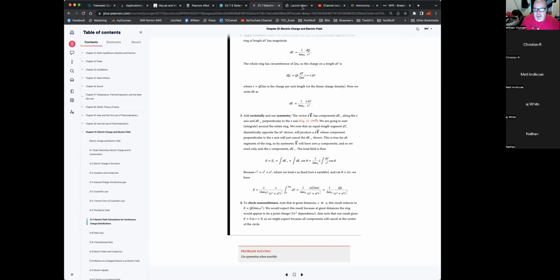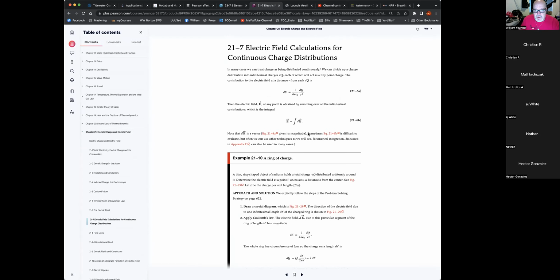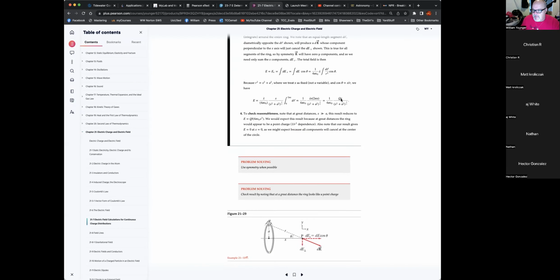Also, they're using A for the radius of the ring, whereas I'm using R. So there's their A, and they're saying this distance away is X. So you can see this formula is exactly the same as I had, except I had Q Z over 4 pi epsilon naught times (Z squared plus R squared) to the 3/2. So that, in fact, is exactly what we wanted. And now I'll stop sharing and start sharing again so you can verify that that's exactly what we got.